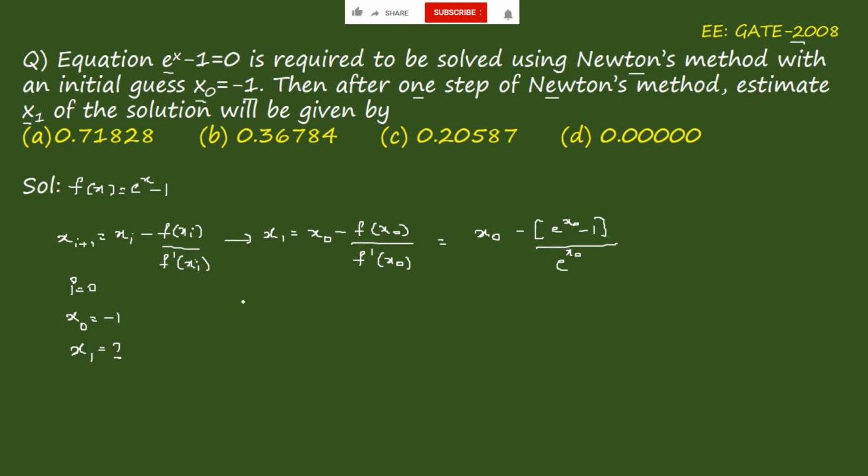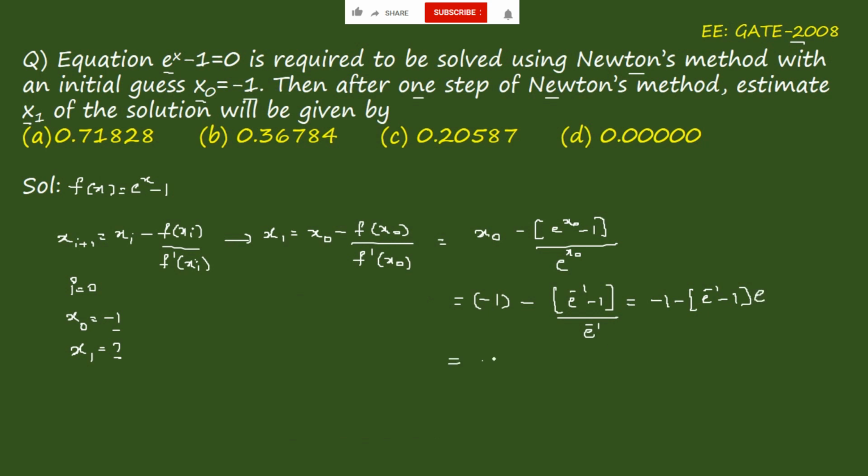But x naught is nothing but minus 1. So just substituting the value, we get minus 1 minus e to the power minus 1 by e to the power minus 1, which becomes minus 1 minus e to the power minus 1 into e, right?